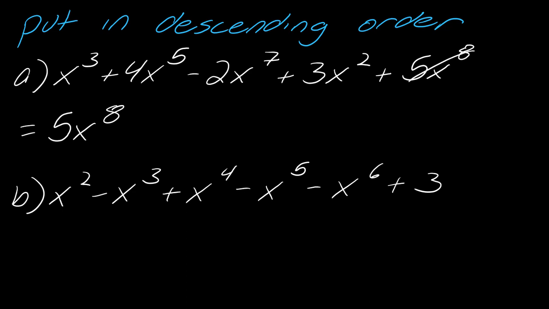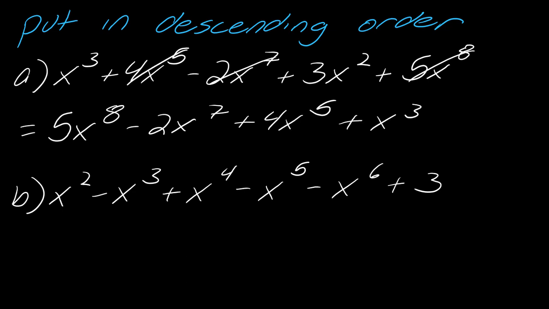The next smallest exponent will be the negative 2x to the 7th. Then we've got 4x to the 5th, x to the 3rd, and then 3x squared. So that would be the proper descending order.